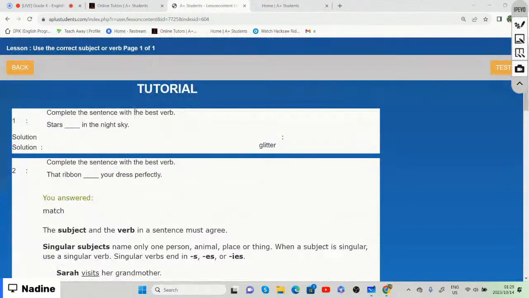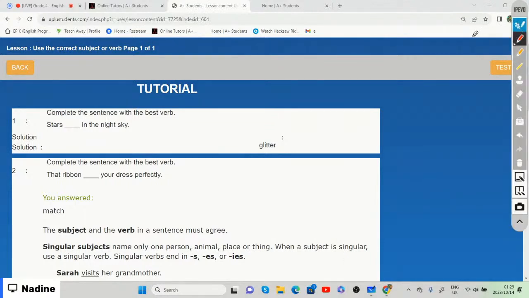Now, it also says complete the sentence with the best verb. Stars. Do they glitters or glitter? We need to choose one of those two. Does glitter or glitters? So stars, do we say that it glitters or glitter in the night sky?